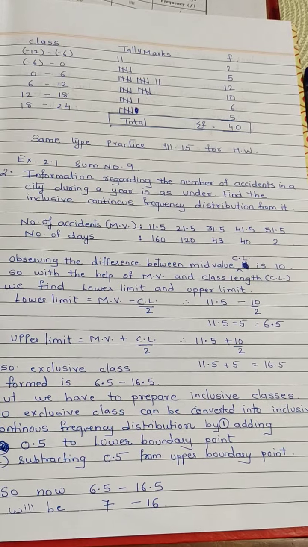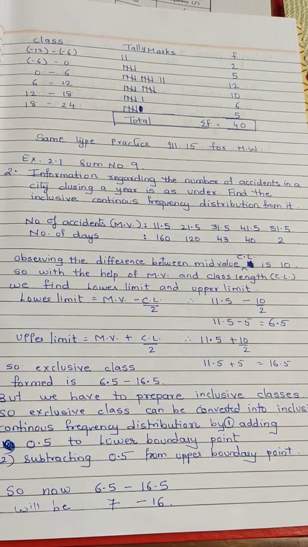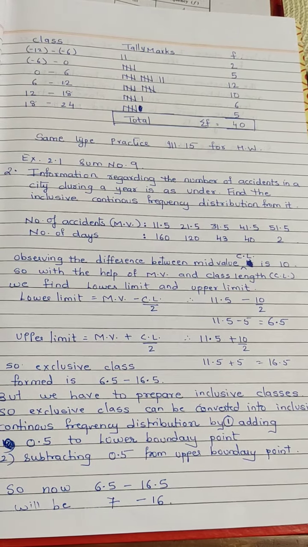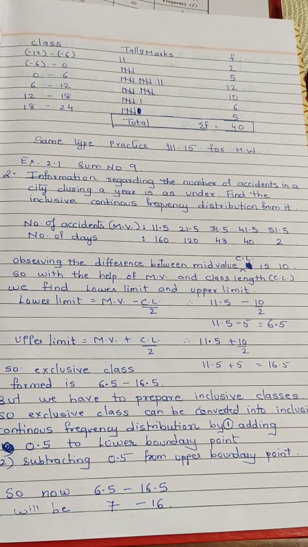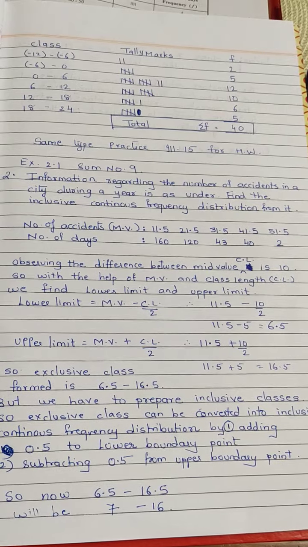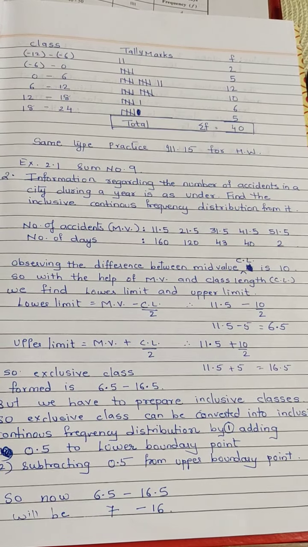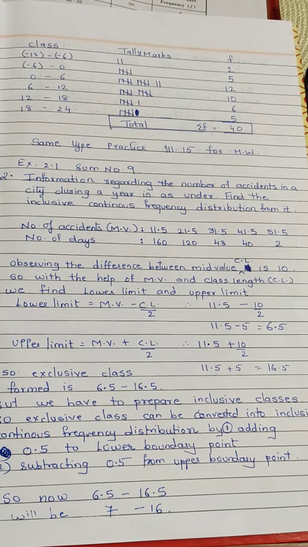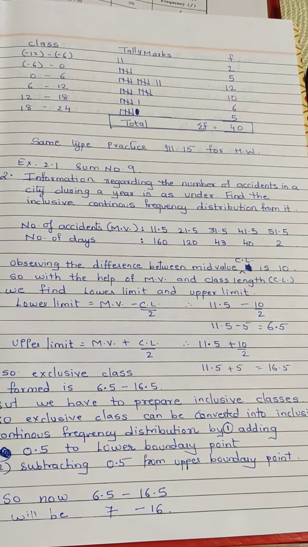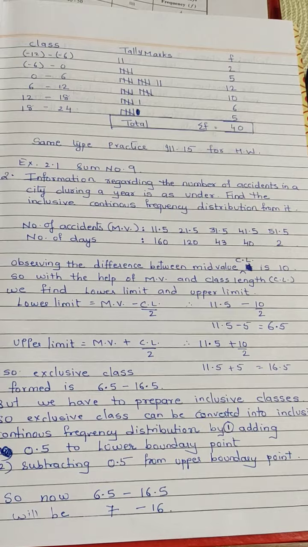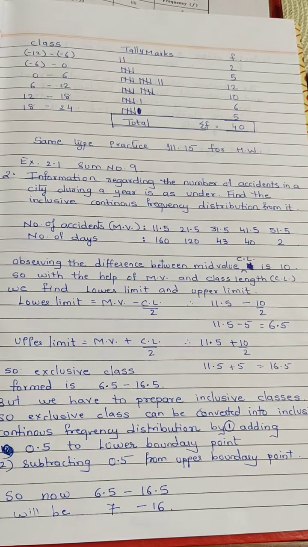Lower limit is mid value minus class length upon 2. 11.5 is the mid value of the first class, minus 10 upon 2, which comes to 6.5. Upper limit is mid value plus class length upon 2.